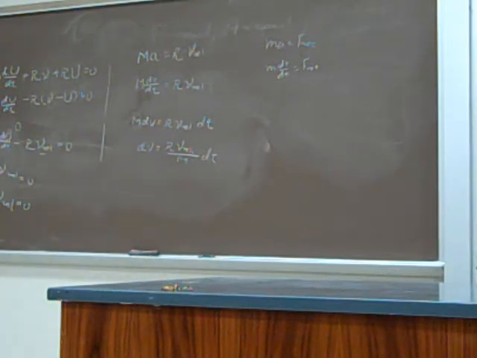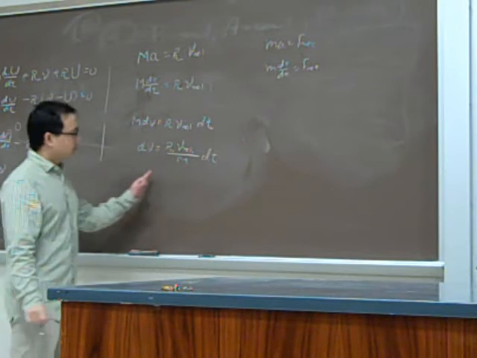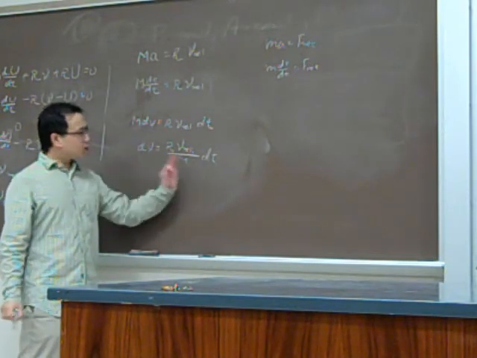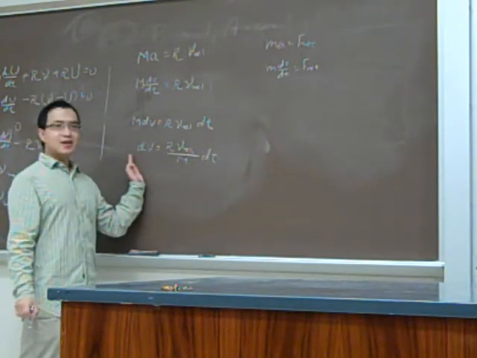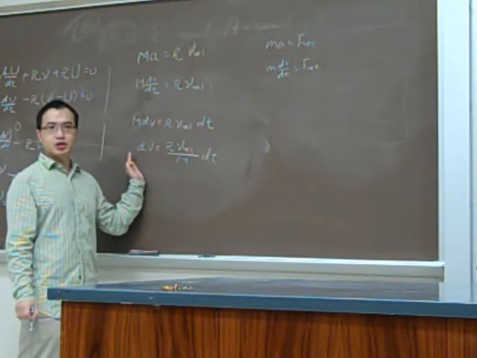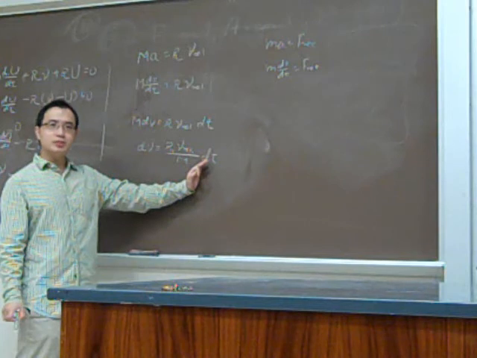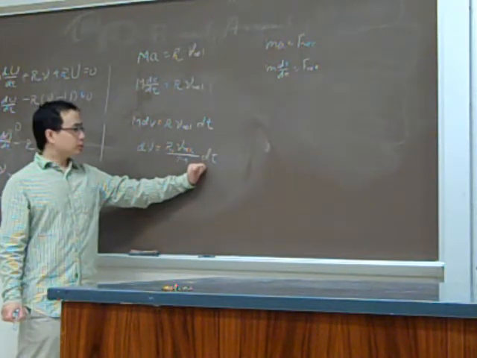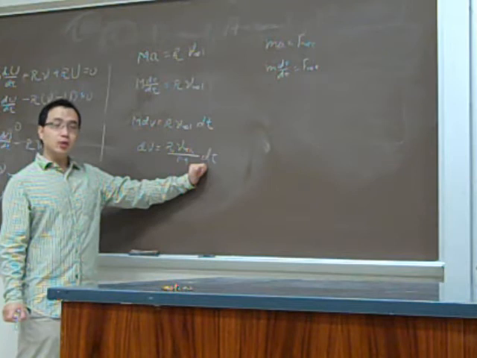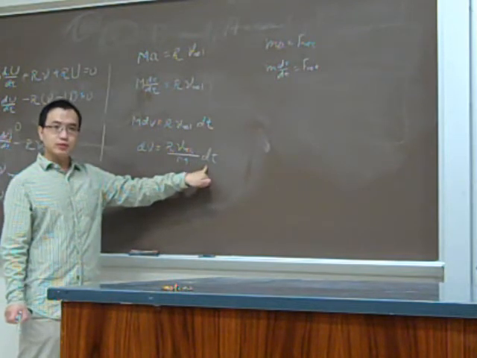Now we have to do some trick here. If we just directly do that, we would integrate the left side to get the velocity change, and the right side with time dt. But from a practical point of view, this is not very useful for us.